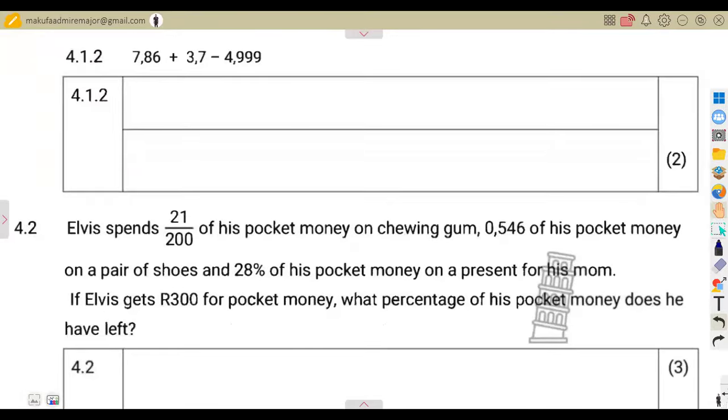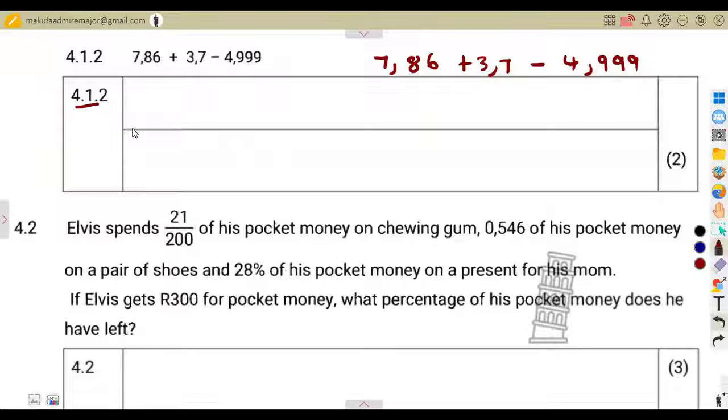Okay, this is a 2-mark question that we are given on 4.12. To simplify again this one, so there you just add the 2. This is 7,86. So if you were to add this plus 3,7, then you have to subtract 4,999.